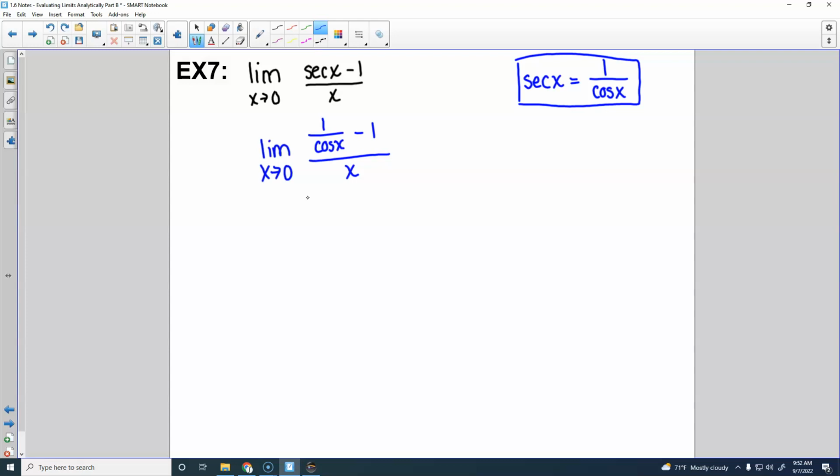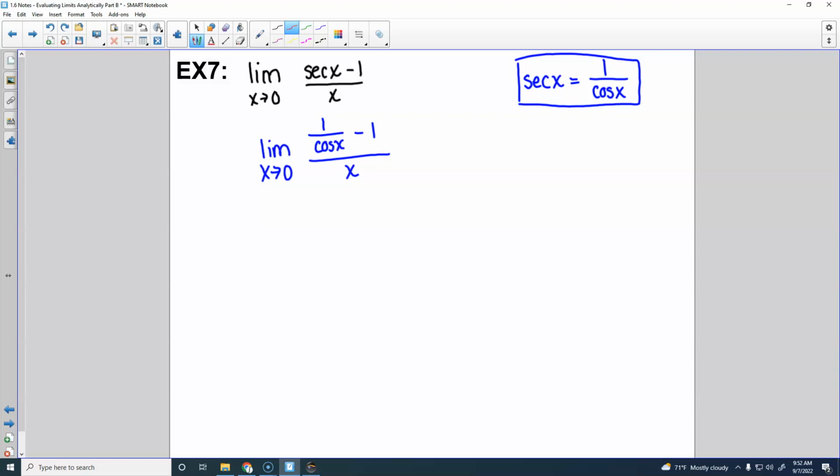Complex fraction, we don't want to have a complex fraction, right? Fractions inside of fractions are just difficult to deal with. So I need to get some sort of common denominator so I can put this as a singular fraction. This is a little like one of the problems we did the other day. There's 2 ways you can think about it.